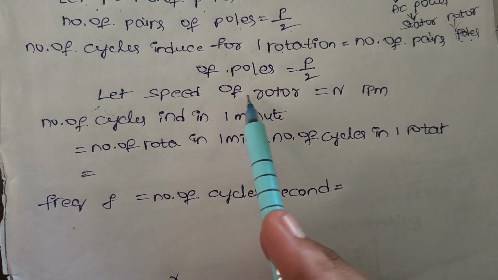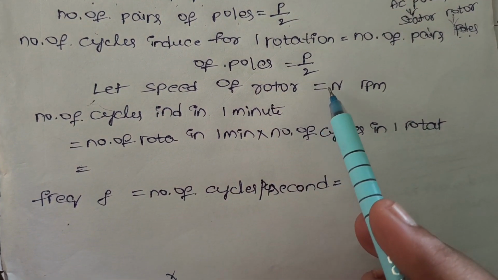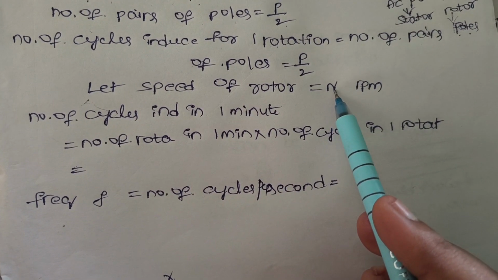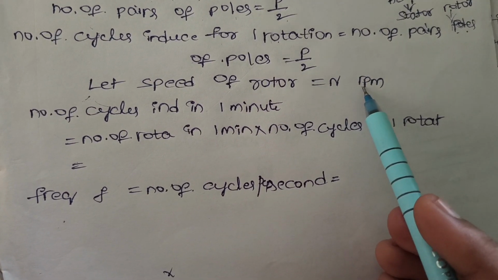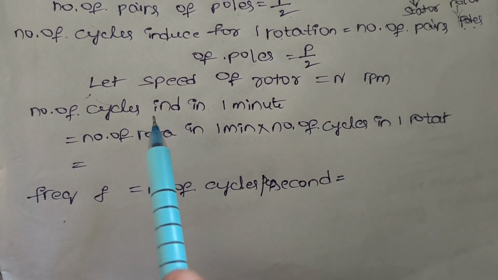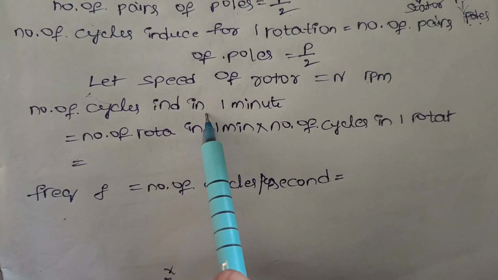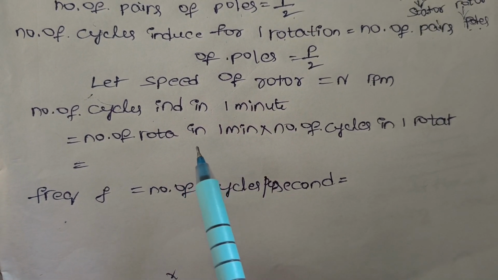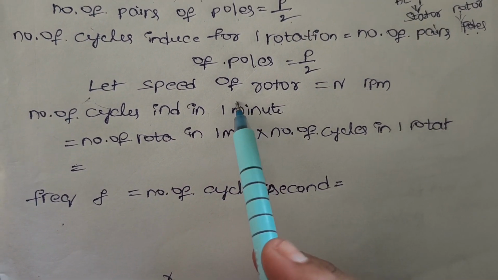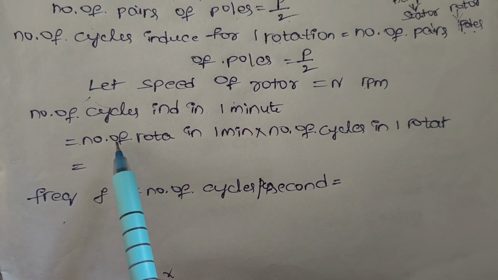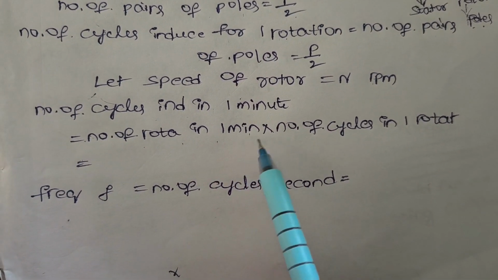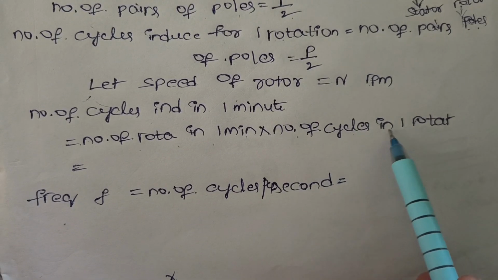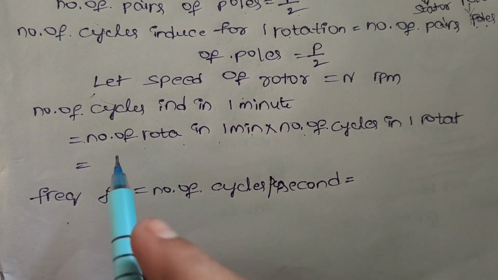Let N be the speed of the rotor. The speed symbol is N and its units are RPM, revolutions per minute. For 1 minute, how many cycles are induced? For this, the formula is the product of the number of rotations in 1 minute into the number of cycles induced in one rotation.